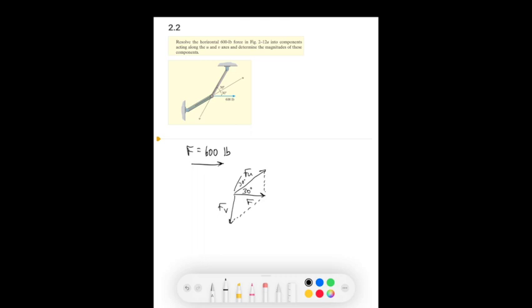So what we want to do is move FV to be down here. So we want to move FV over here because we know that F is equal to FU plus FV. That's what we're saying. We're breaking up F into two forces, FU and FV. So we know that F has to be equal to FU plus FV.